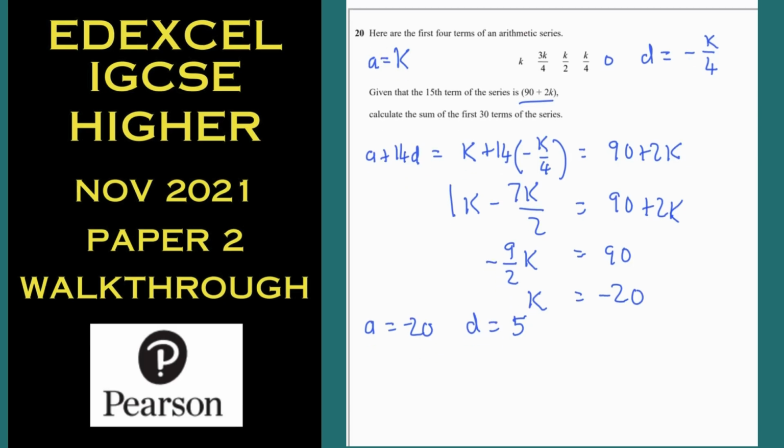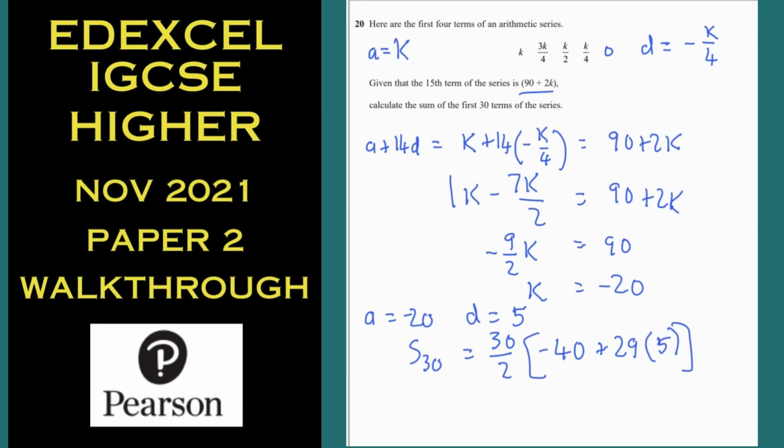Let's move on. So the sum to 30, there's a formula, look it up, get it used. It's n/2 into 2 lots of a, so double your a, plus 30 minus 1 lots of the difference, and the difference is 5.